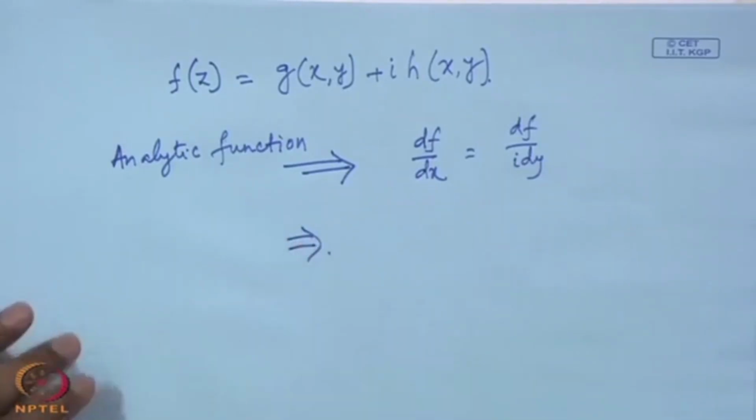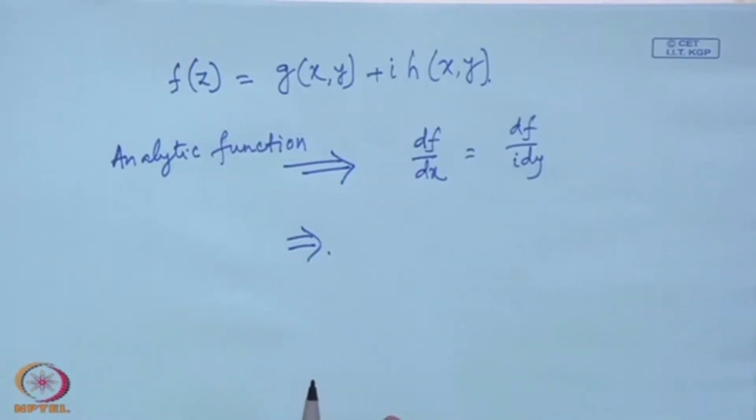And what does it mean? This gives what? What is df dx? dg dx plus i dh dx, and what is that 1 by i df dy?